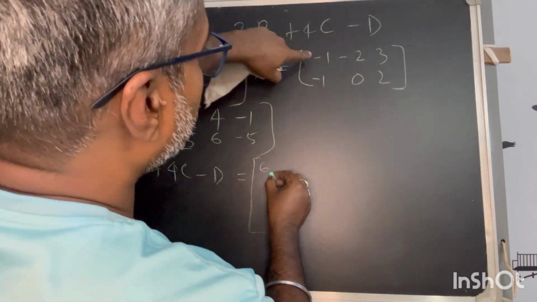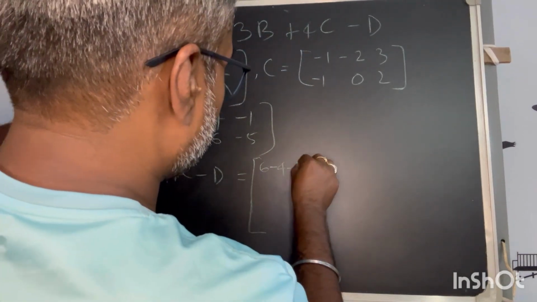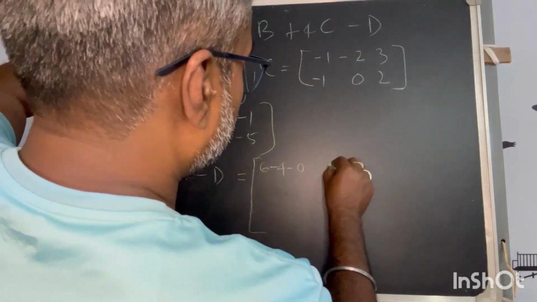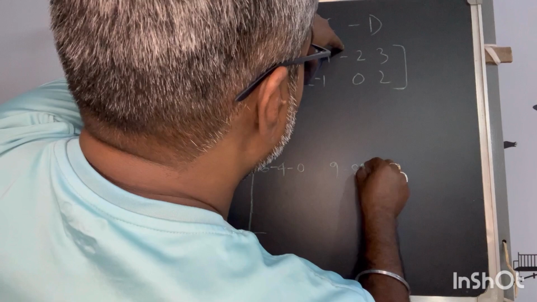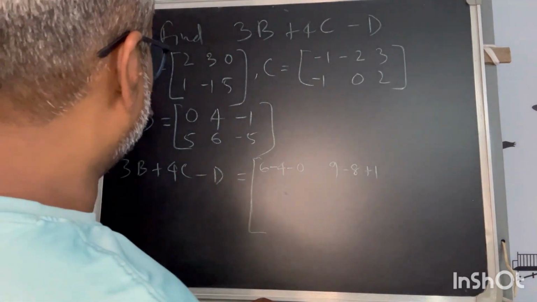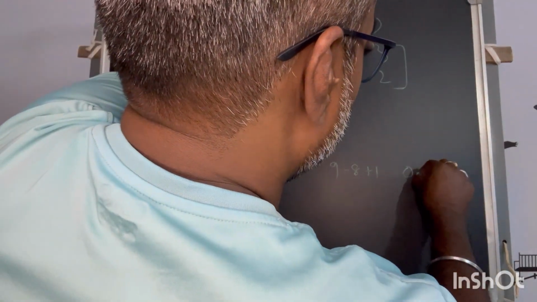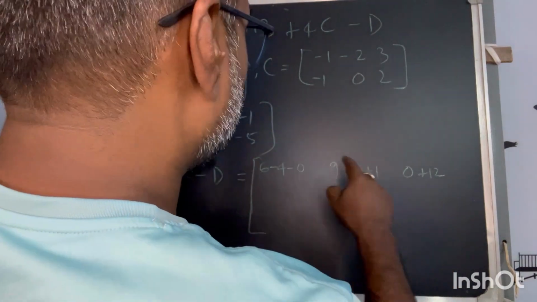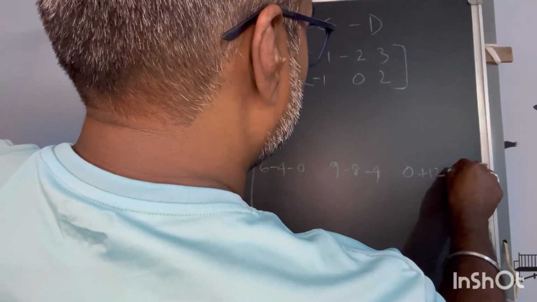Second was 4 into minus 1, minus 4, and this is minus 0. Second term, 3 into 3, 9. 4 into c means minus 8, and minus of minus 1 is plus 1. Third, 3 into 0, 0. 4 into 3 means 12, and minus 4 will come, and minus of minus 1 means plus 1.